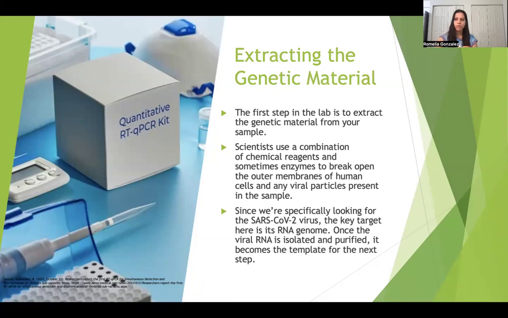What we're especially looking for is the RNA of the virus. But at this point, everything is mixed together. So the human genetic material, the proteins, and even possibly the viral RNA. So the next step is to separate and purify the RNA, which is what we're interested in. Scientists will use tools like magnetic beads or filter columns to be able to extract the RNA and release everything else that we don't need.